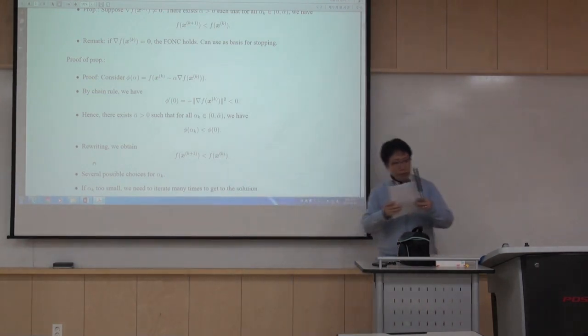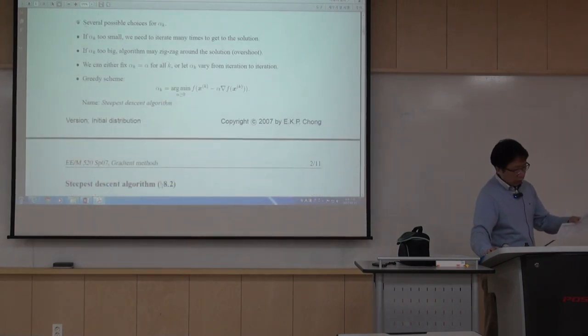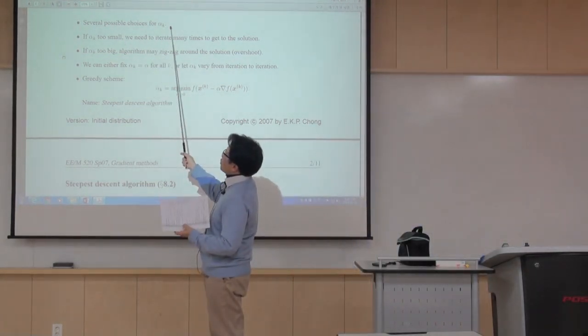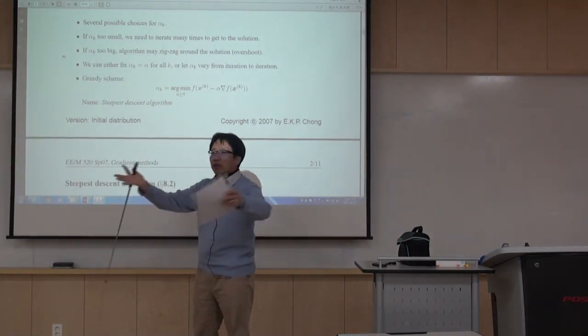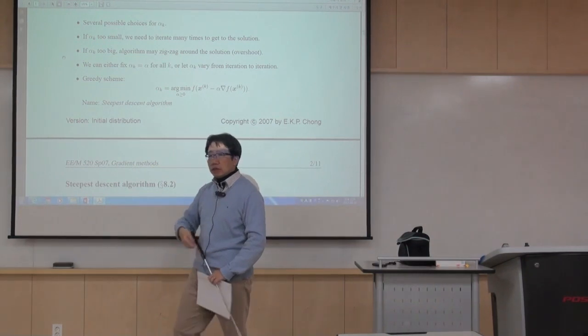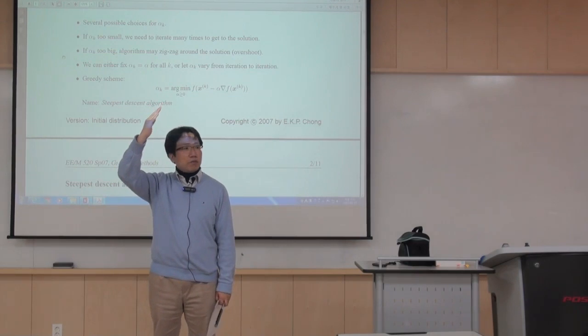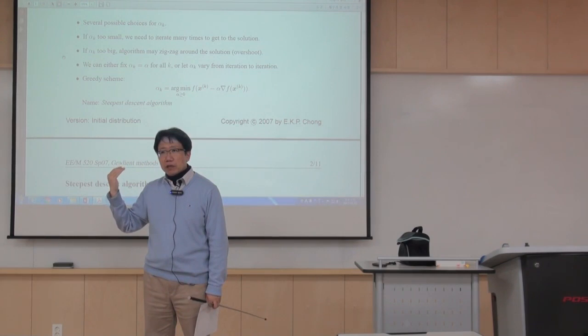From here to here, actually, these bullets must be a little bit lower layer bullets. So several possible choices. One, you choose alpha k generally very large. What will happen? Sometimes you may not have descent property, right? You may increase your function after some iterations.